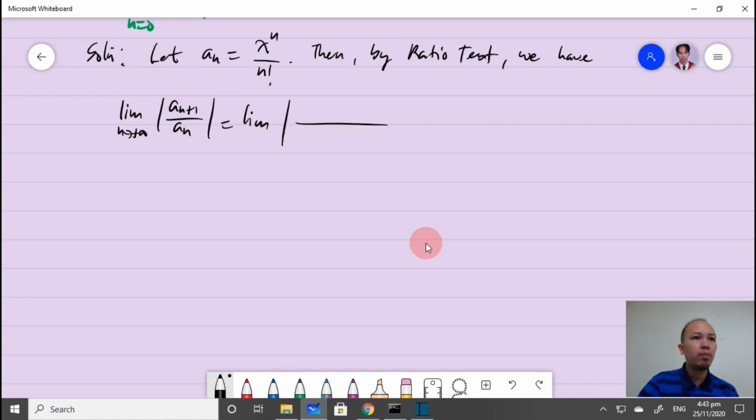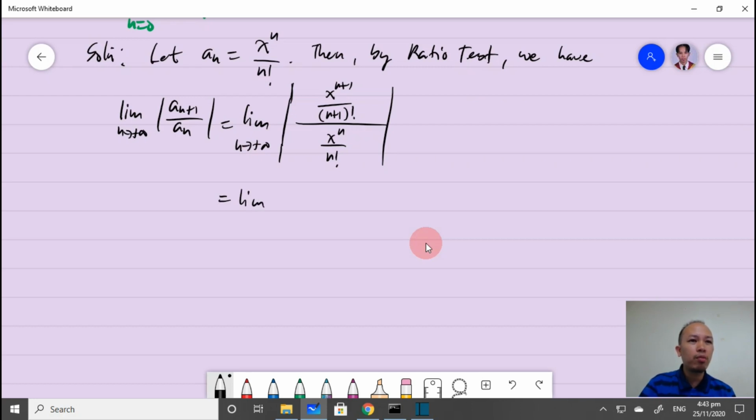So we replace n by n plus 1: x to the n plus 1 over n plus 1 factorial, over x to the n over n factorial, as n approaches positive infinity.